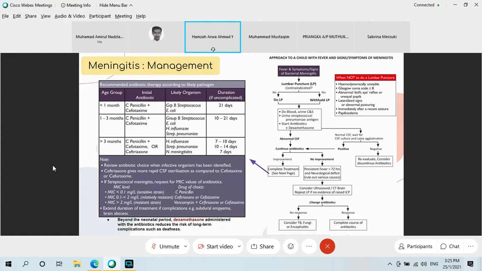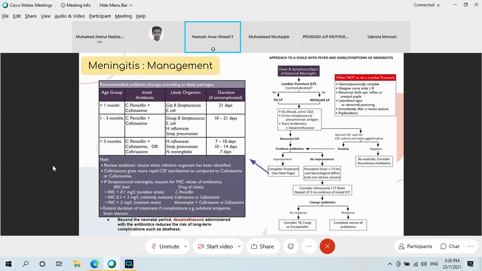And for a baby more than 3 months, we'll give benzylpenicillin, but here you can choose if you want to use cefotaxime or ceftriaxone. Also, the duration of the therapy is going to be different. So you can refer to this table later.